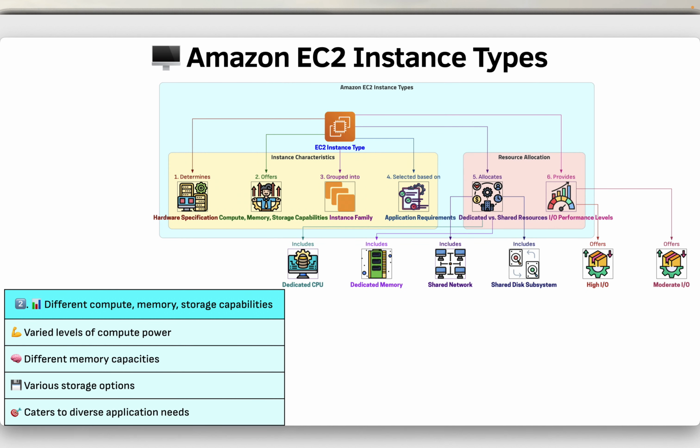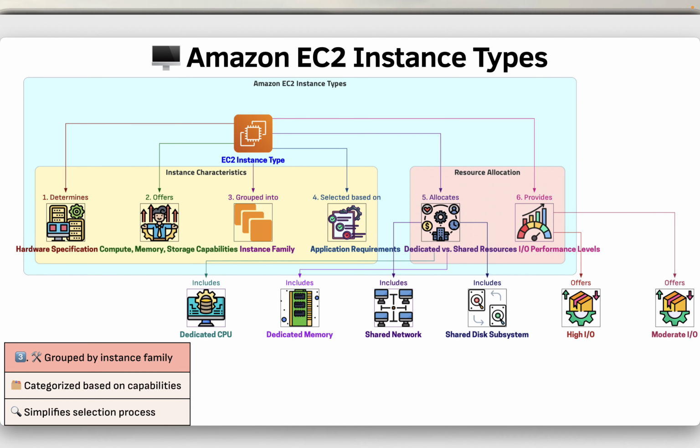Instance types offer varied levels of compute, memory and storage, and this caters to diverse application needs. You can choose instance types; I will be covering the different types. Based on the type you choose, you will get some kind of compute, memory and storage as part of that instance type.